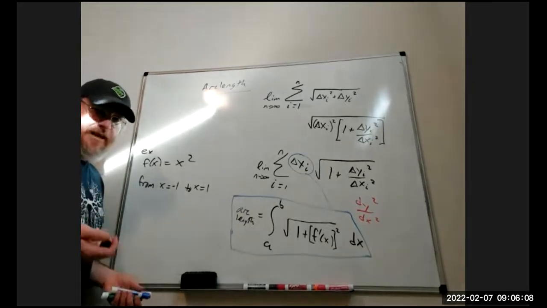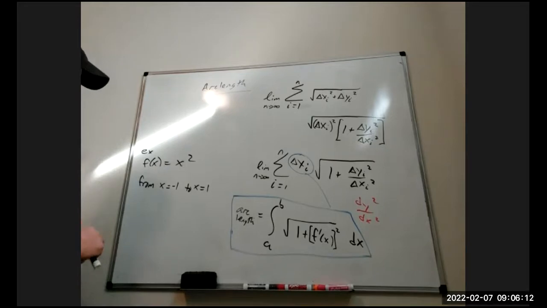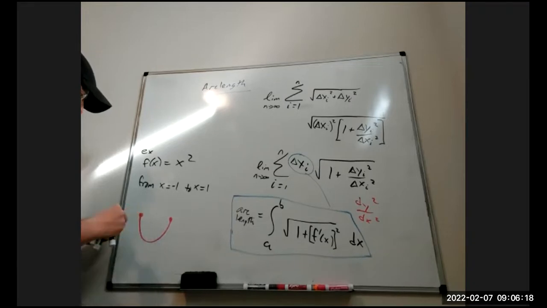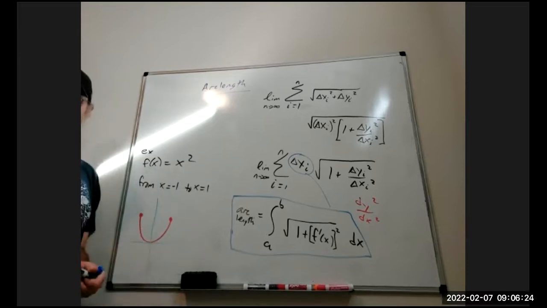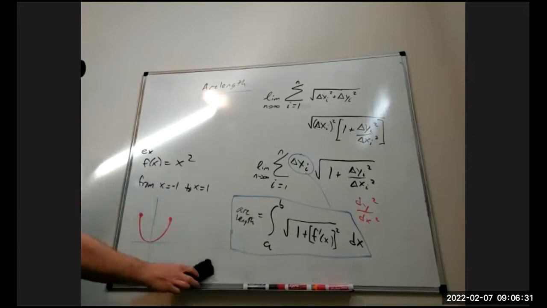And I said, hey, let's try to answer this question. In terms of the picture, we're basically trying to find the length of that part of our parabola. So let's set it up using the arc length formula.